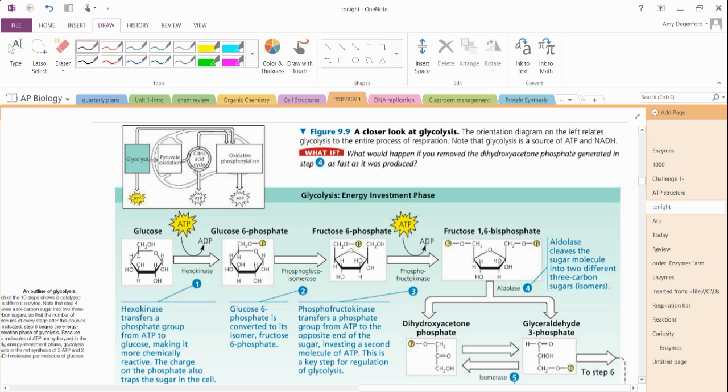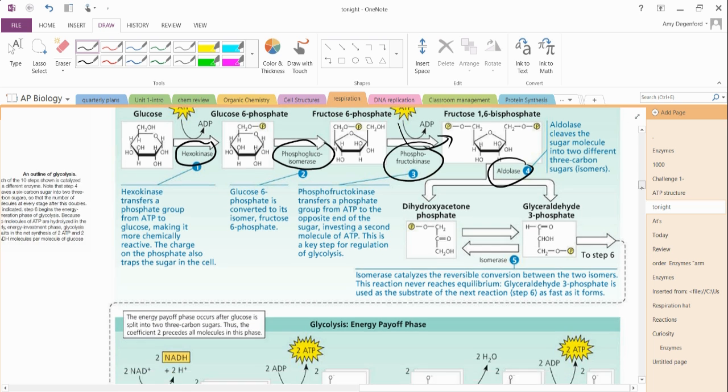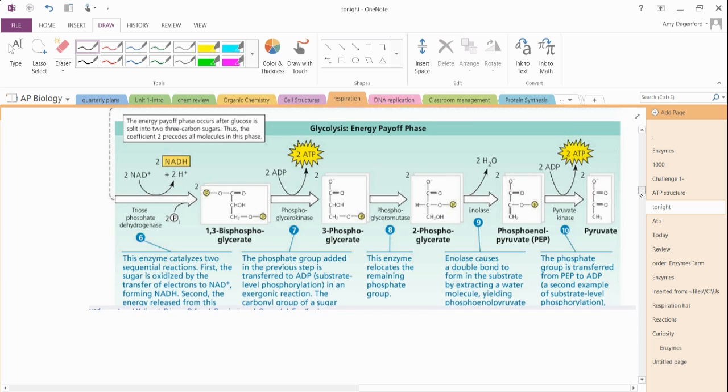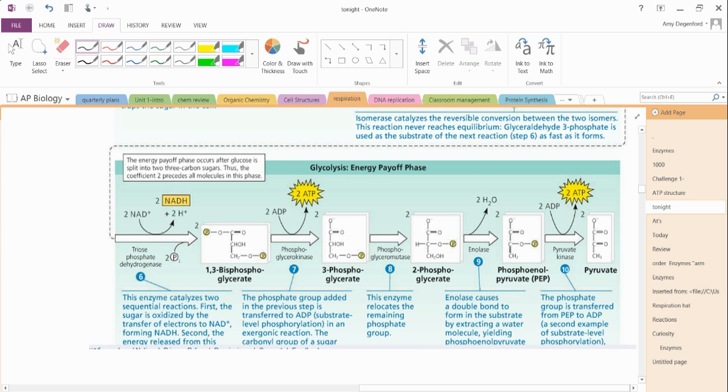Now, here we have glucose, and notice with each one of these there's a different enzyme: hexokinase, glucoisomerase, phosphofructokinase, aldolase, and all of these enzymes are going to be involved in manipulating and breaking bonds. So for instance, we can add a phosphate here, we can add another phosphate, that's where we're getting our fructose, and we have boosted that energy. And then the second phase, this is going to be our energy payoff.